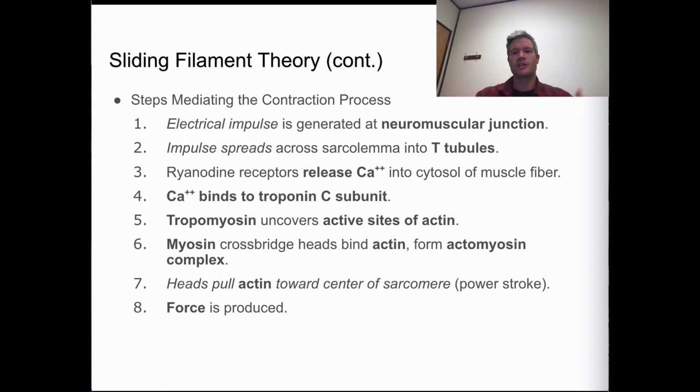As those calciums leave troponin, tropomyosin covers up or blocks all the active sites on actin, the thin filament, so myosin can't attach to it anymore. And now we're reset.